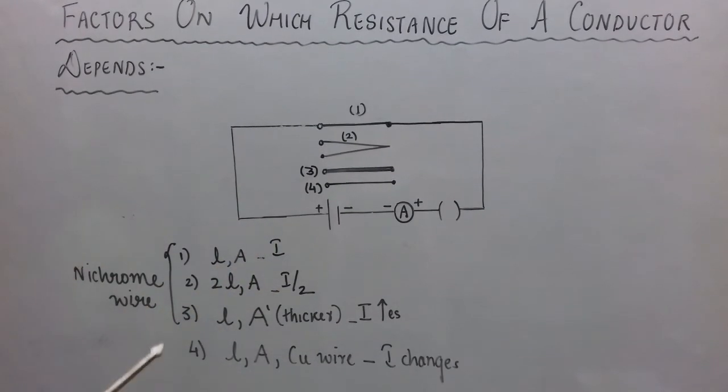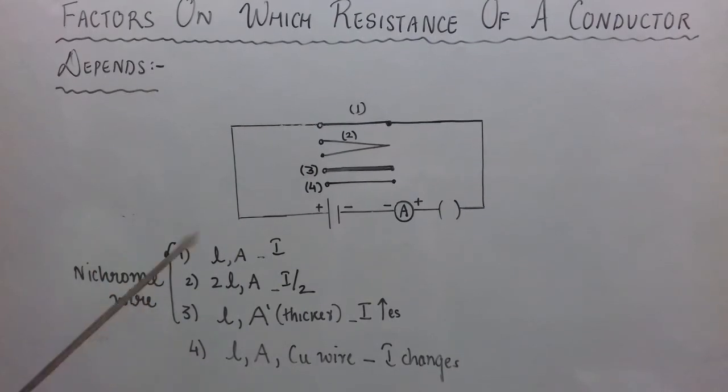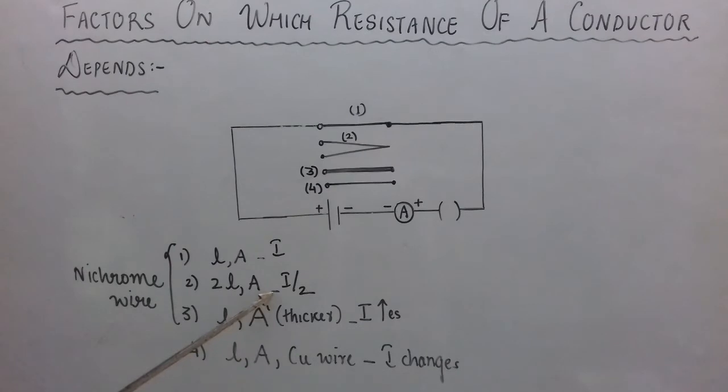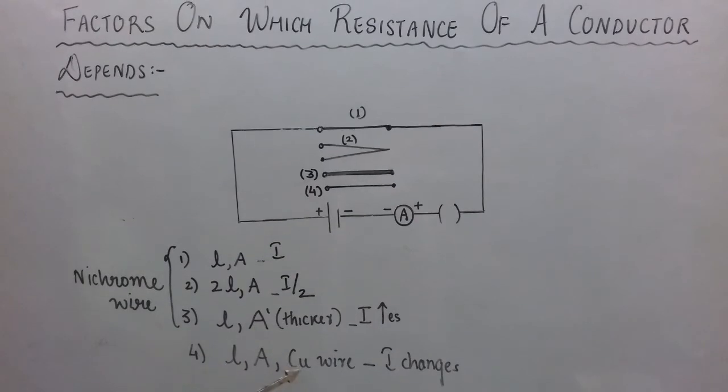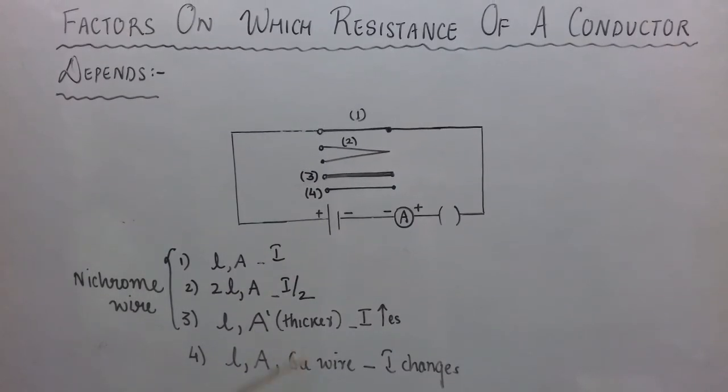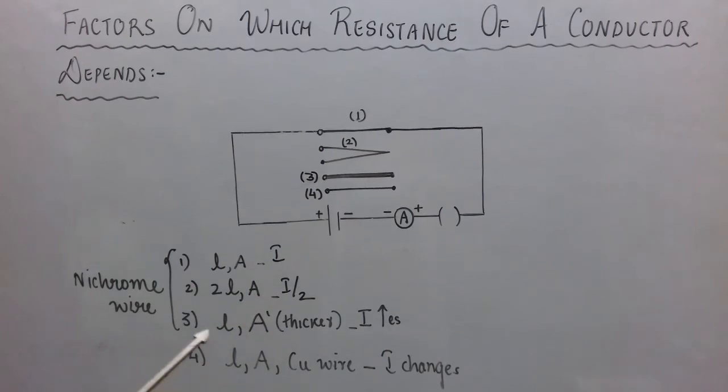So from this activity, we can conclude that current changes when we change the length, or when we change the thickness, or when we change the nature of material of the component. And if the current changes, it indirectly means, we know that current is inversely proportional to resistance.